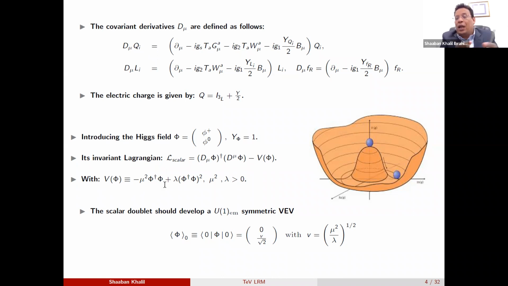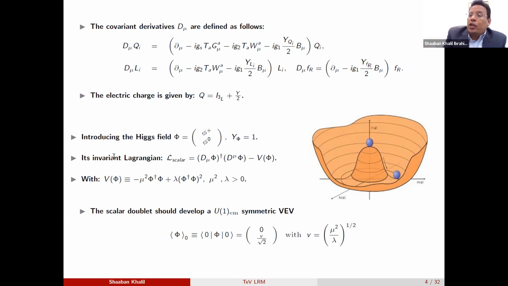You build your model based on gauge symmetries and your fermions, which are doublets or triplets or whatever under this gauge symmetry. No scalar fields are needed for this model, but now you need to impose one by hand. You add it to the theory to break this symmetry spontaneously.